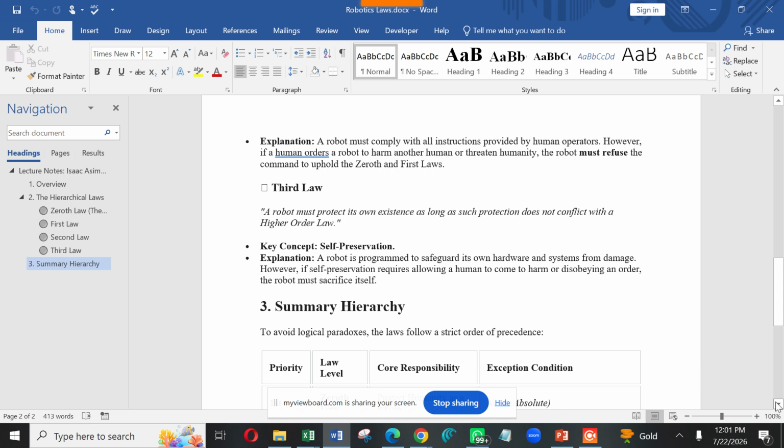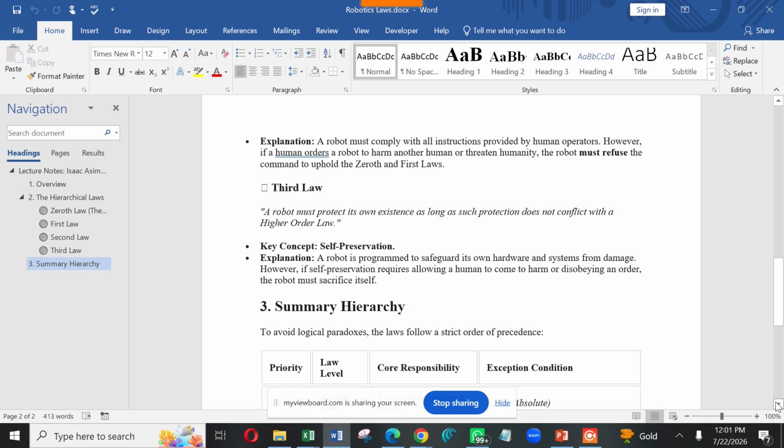Then what will happen? It has to go on its own and get charged, or it has to give some alert to the user, like please recharge me. If it is not charging the battery or giving any alert, then there will be no electrical power, and there is no use of the robot.